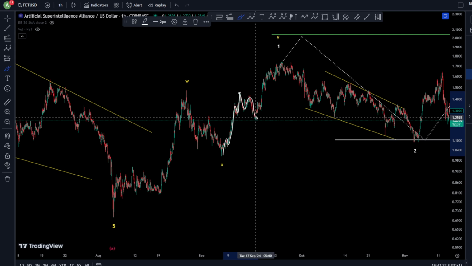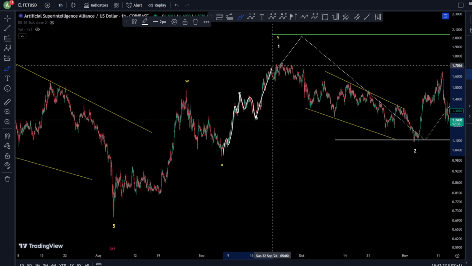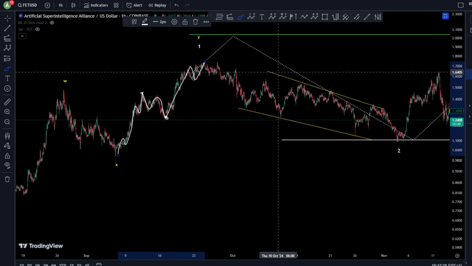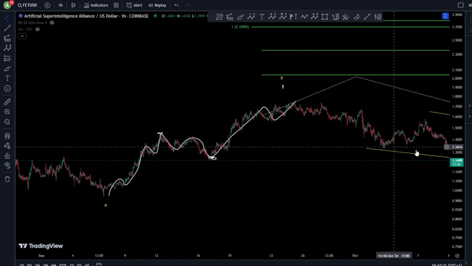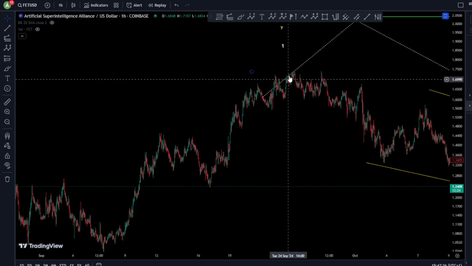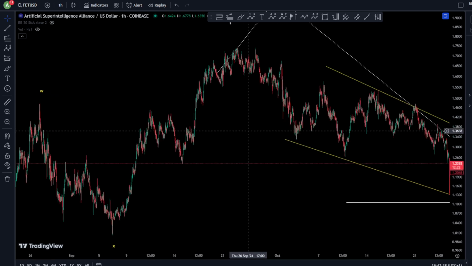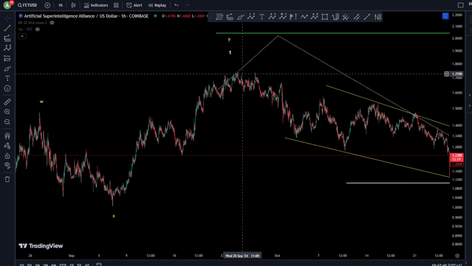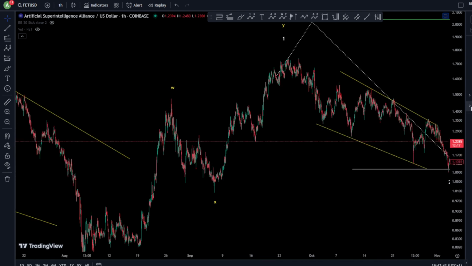And then 3 waves down for a bigger wave 2, that's fine. And then 3, 4, and a 5. Now, your wave 5 here has finished and it can be as well an ending diagonal. This is a problem, but it's very tricky price action here.